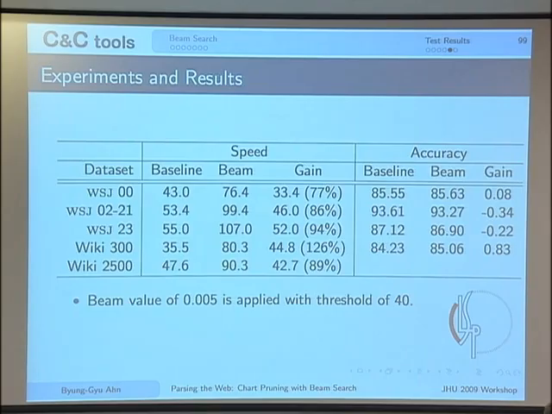As you can see, it could even get 126% for Wikipedia data sets, and it could get accuracy improvement in Wikipedia data too. And for 2,500 Wikipedia sentences, we didn't have annotations, so we only measured the speed gains here.